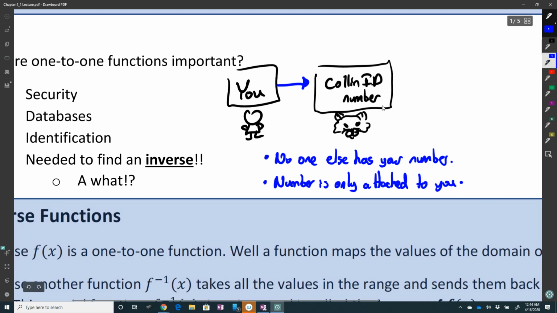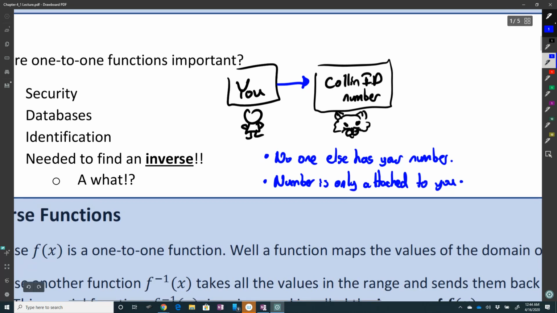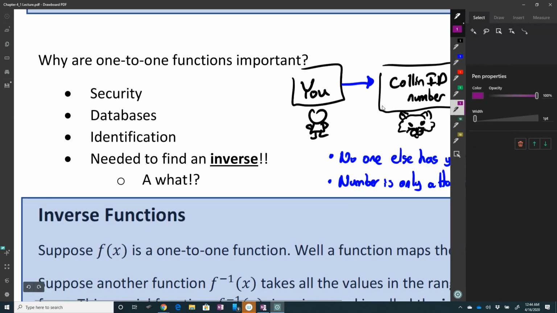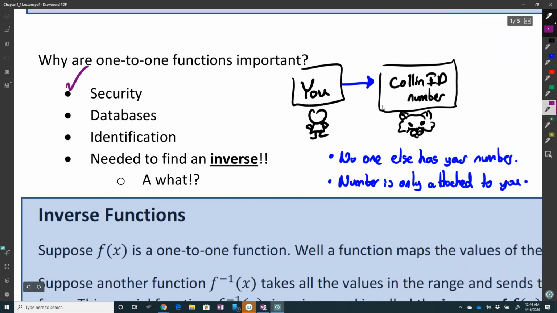It's the same thing with your driver's license, your social security number, anything like that. Those are considered one-to-one functions. So any form of security or identification is a one-to-one function. We need those. Databases, if you ever want to look something up, you need to have a one-to-one function. For instance, the Dewey Decimal System for the library.